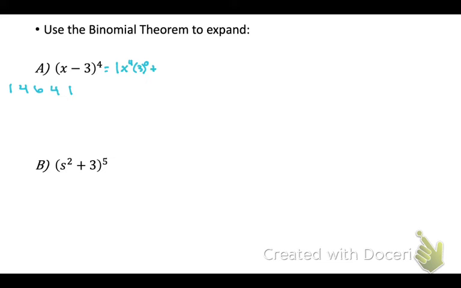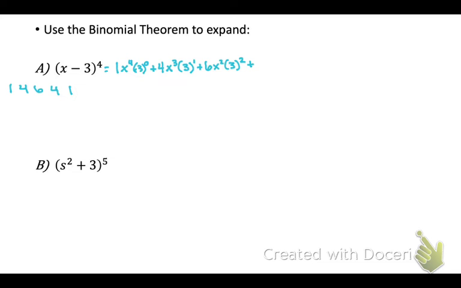Plus 4x to the third, 3 to the first, plus 6x to the second, 3 to the second, plus, oh wait, those should have negative 3's, yes?